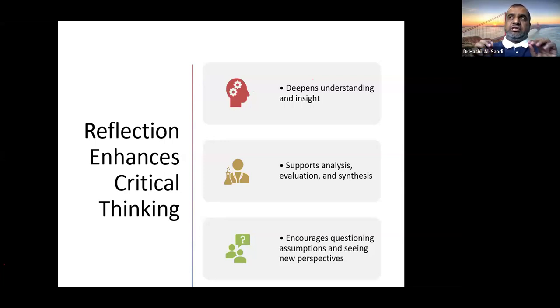And dear students, I would like you to make this connection between critical thinking and research. We're going to see later on how the two come together into play, because you can't really become a very good researcher if you lack critical thinking. And if you lack critical thinking, then of course you're lacking the reflection. So reflection is important because it enhances our critical thinking.